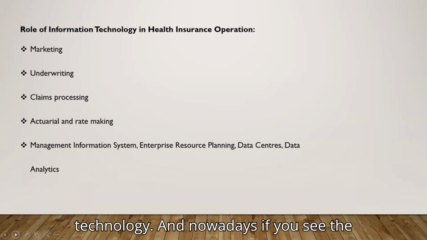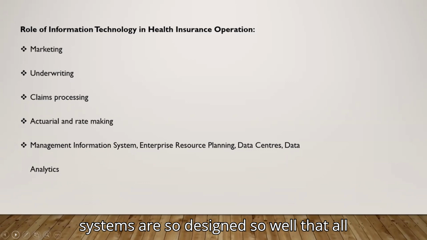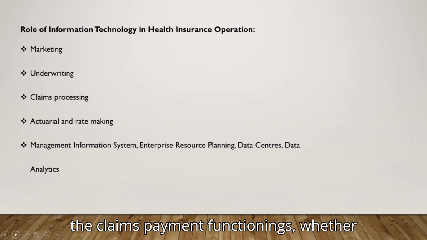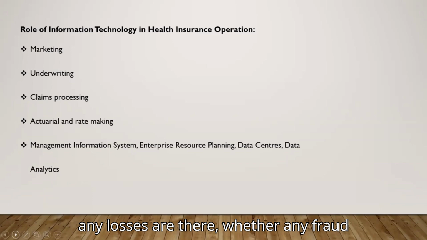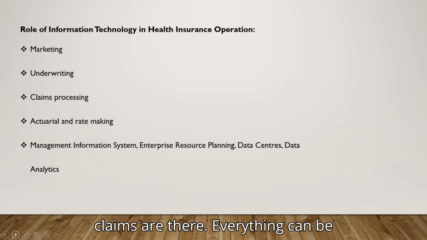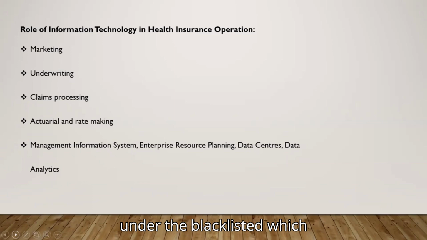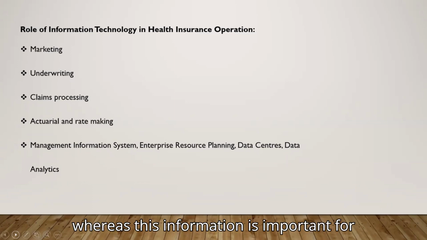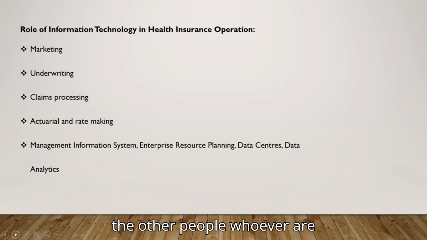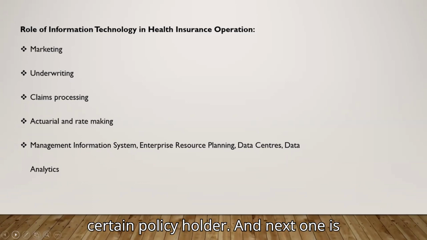Nowadays the systems are designed so well that all the claims payment functions, any losses, any fraud claims, everything can be detected. And also the persons involved can be blacklisted, which is important information for other people who are estimating the details of a certain policy holder.